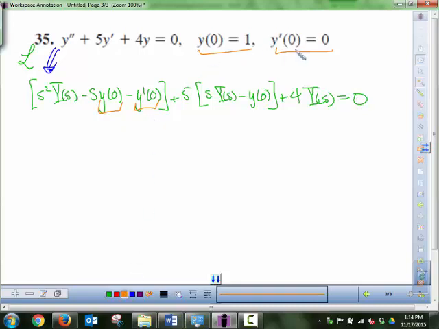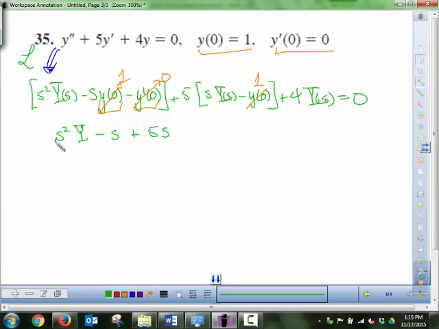All right, let's put in some values. We know that the first derivative at 0 is equal to 0, so that's gone. The original function at 0 is 1, so we'll change a couple of these values to 1. And now we have just a big algebra problem. s squared Y, minus s times 1, plus 5sY. Uh-oh, I have s's and 5's again. You can tell what my 5 looks like, right?